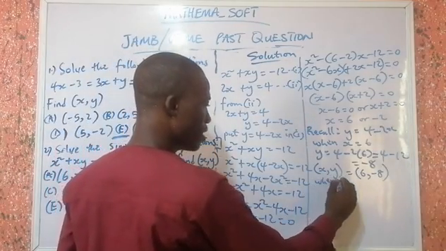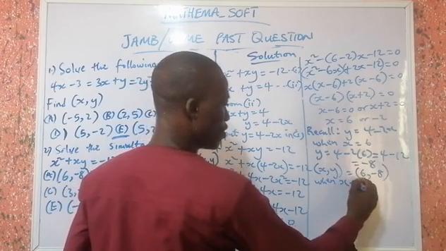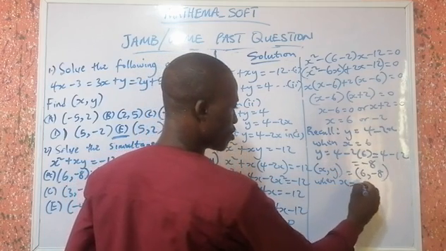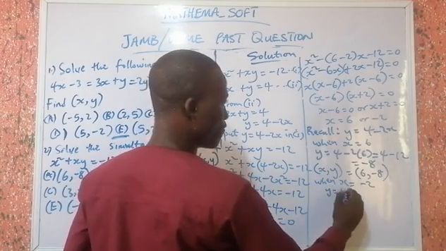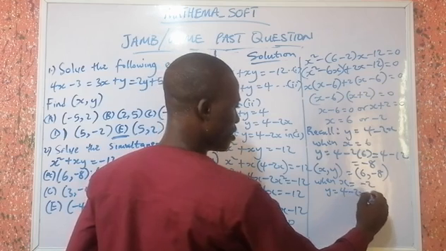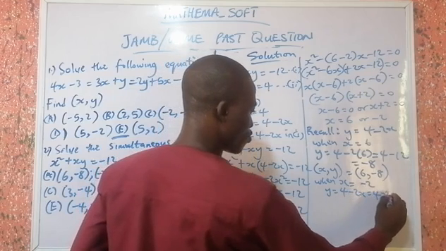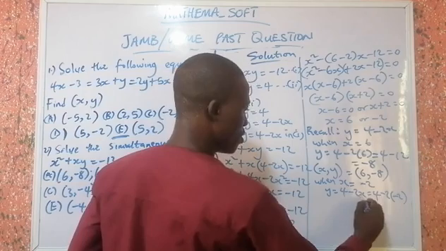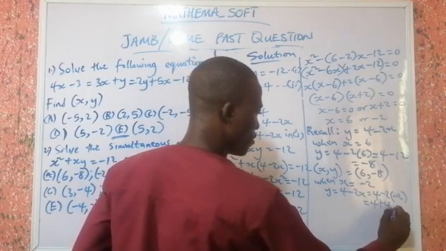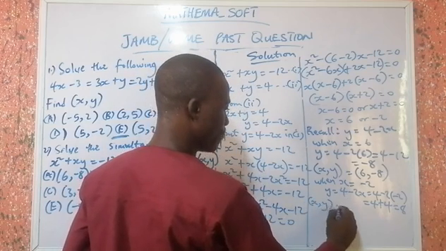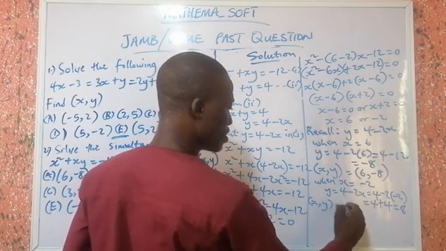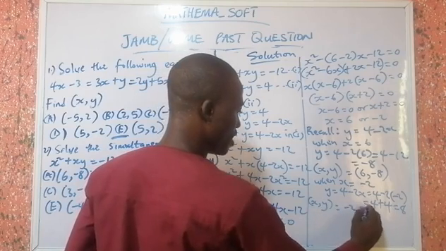When x is equal to minus 2, remember that your y equals 4 minus 2x. That will be 4 minus 2 bracket minus 2. That will be 4 plus 4, equals 8. Also in the form x comma y, that will be x which is minus 2 comma 8.